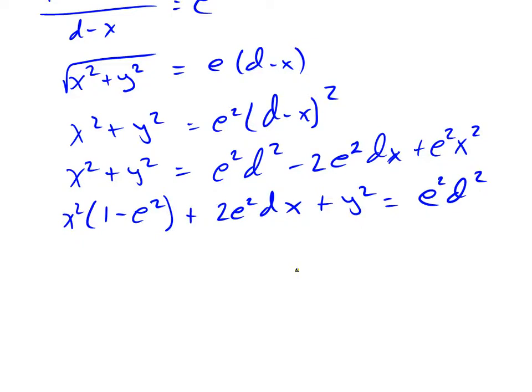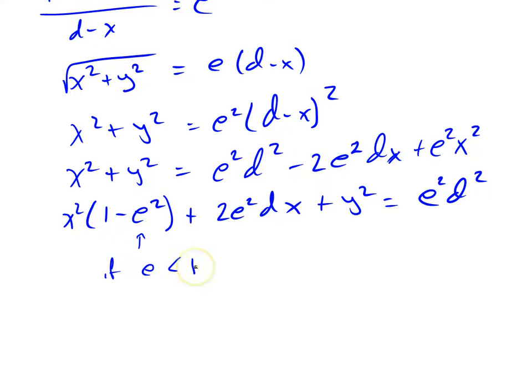Now notice, there's a couple of things that happen based on e, right? Right there. If e is, let's start with less than 1, then e squared is also less than 1. Actually, the absolute value of e is less than 1. Well, I don't care about absolute value.